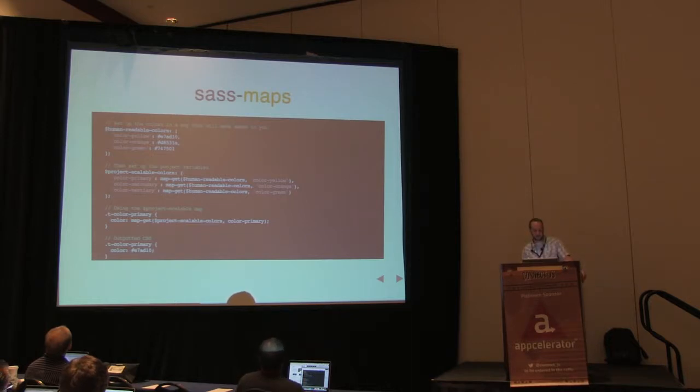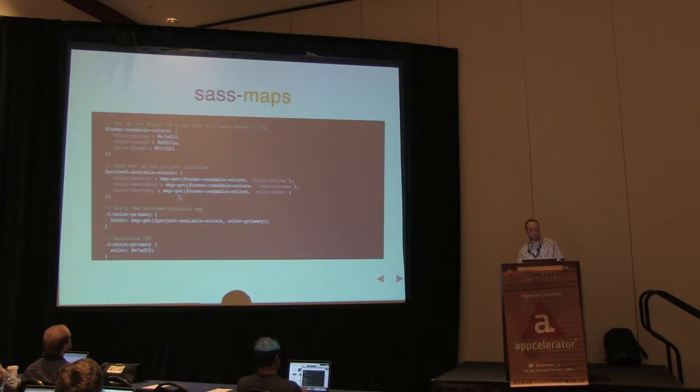And what we're doing is we're setting color primary to the value of a built-in Sass function called map-get. And map-get takes in 2 arguments. It takes in the name of the map that you want to get, and it takes in the key that you want to get out of it, right? So in this case, we want to take in the human readable colors and get the color yellow, right? And so forth.